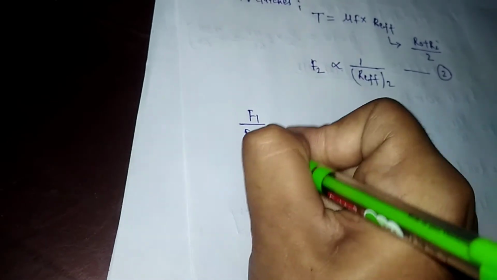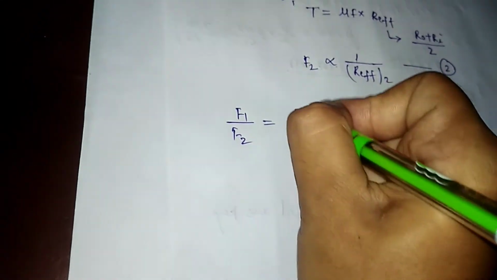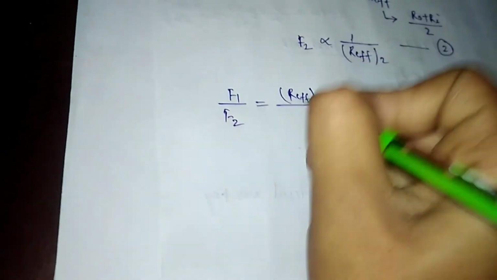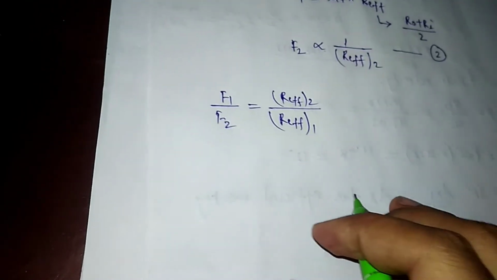So F1 upon F2 will be equal to, F1 is 1 upon R effective 1 and F2 is 1 upon R effective 2, so it will be equal to R effective 2 upon R effective 1.